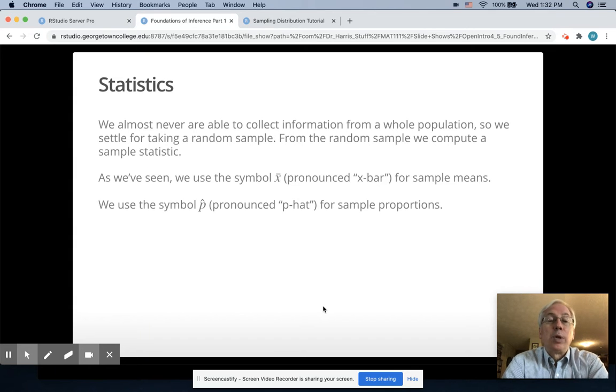So we draw a random sample, and we compute a statistic from that sample. X bar is the symbol that we use for sample means, and we're going to use P hat, P with a little caret over it, to represent a sample proportion. So mu is the population mean, X bar is the sample mean, P is our population proportion, P hat is our sample proportion. We'll be using these symbols a lot. Hopefully you'll get pretty used to them.